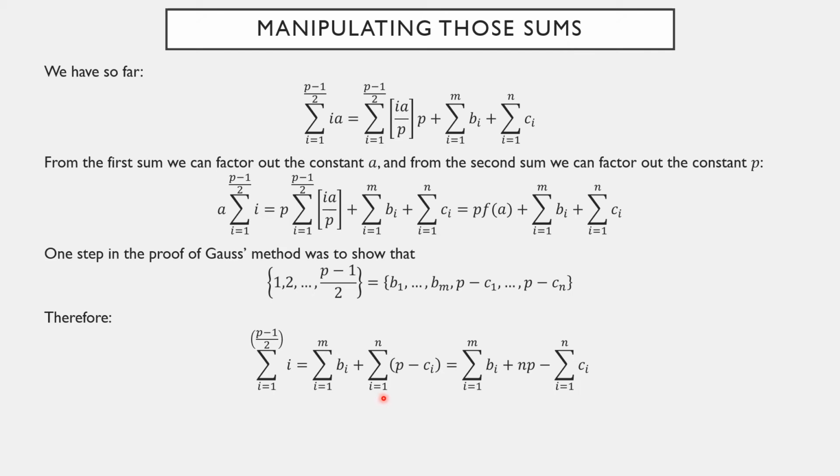Now I can distribute this sum. I sum up from 1 to n the constant P. That just gives me n times P. And then I have minus the sum of all the C's. So the sum of all of the i's, just as I goes from 1 to (P minus 1)/2, is actually the sum of the small remainders plus this multiple of P minus the sum of the big remainders.